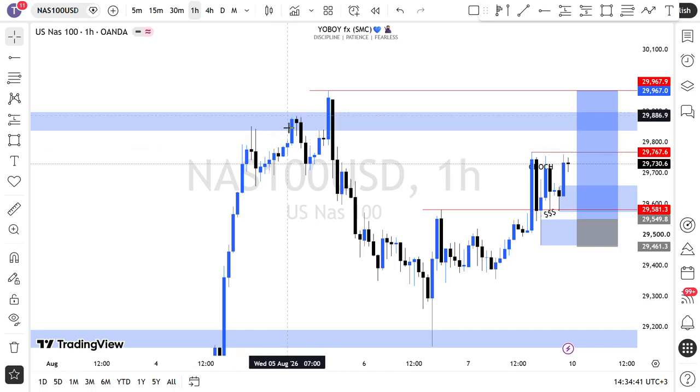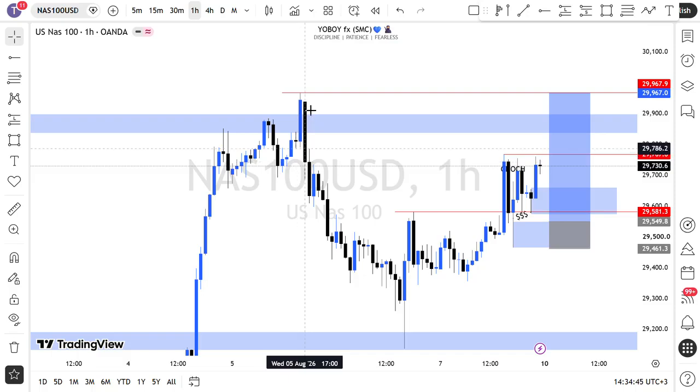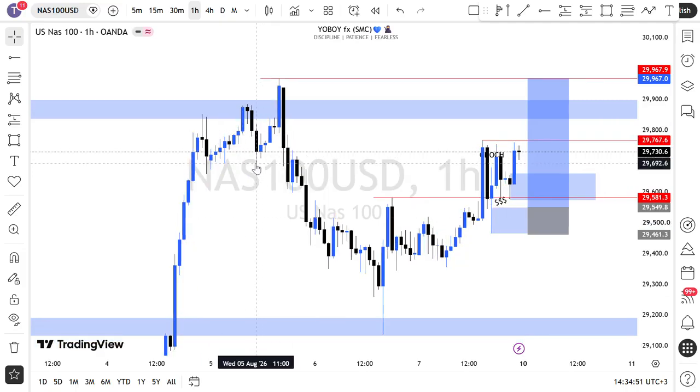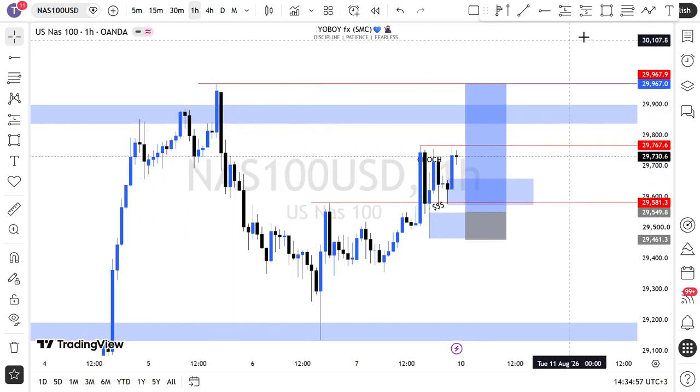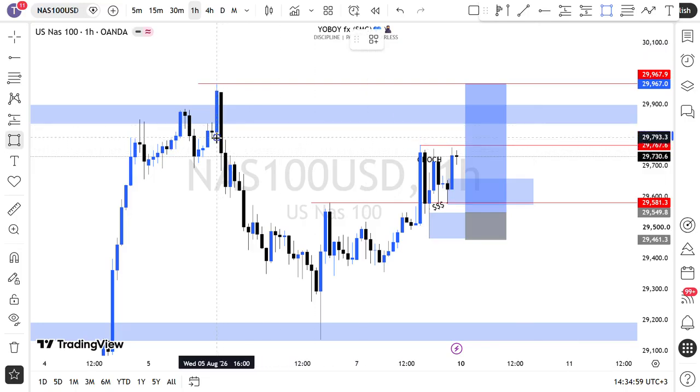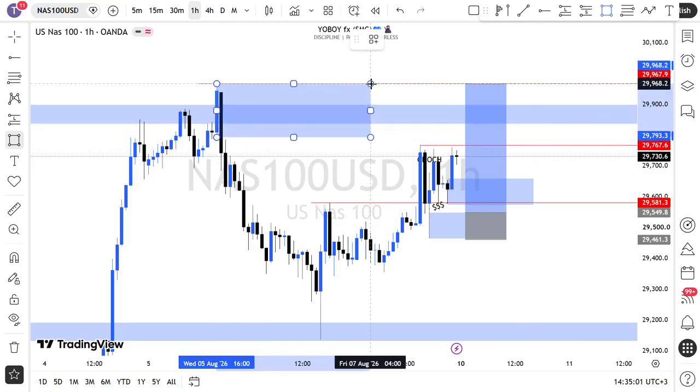So we have a very good type of change of character that the market formed here. You can see clearly once the market tapped into that support and resistance level, and then price took out that low as a change of character. We didn't have a pullback, and therefore if we have a reaction from this point here to the downside, we need to see a change of character from that high to the downside.